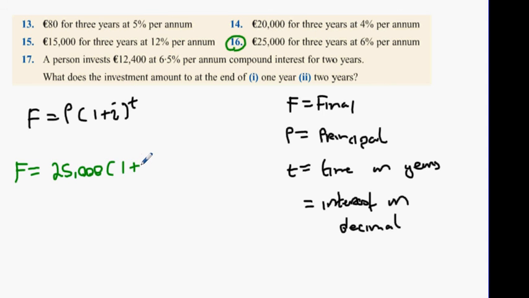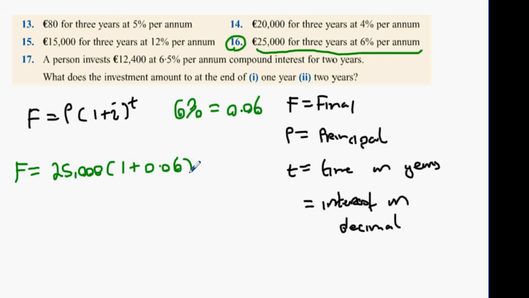In question 16? 6%. Which should be written as? What do you write 6% as in this type of question? Ben? 0.06. You have to write it in decimal form for the formula to work. Okay? Everybody remembering that?